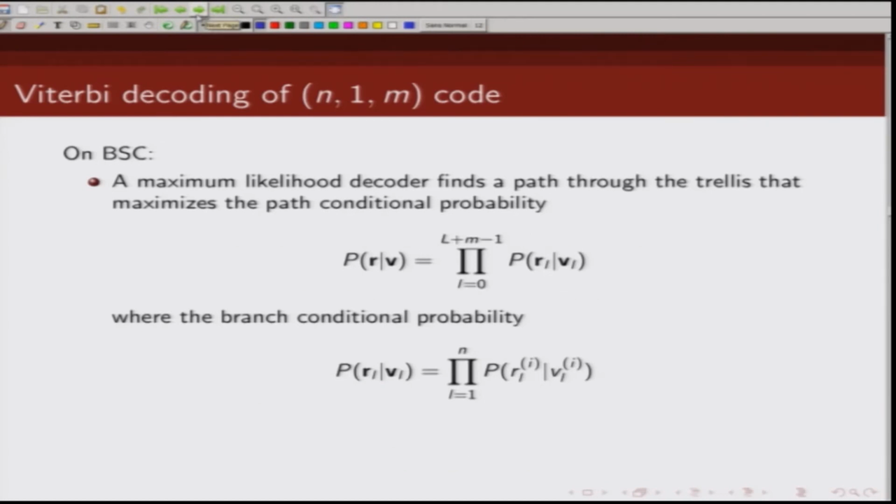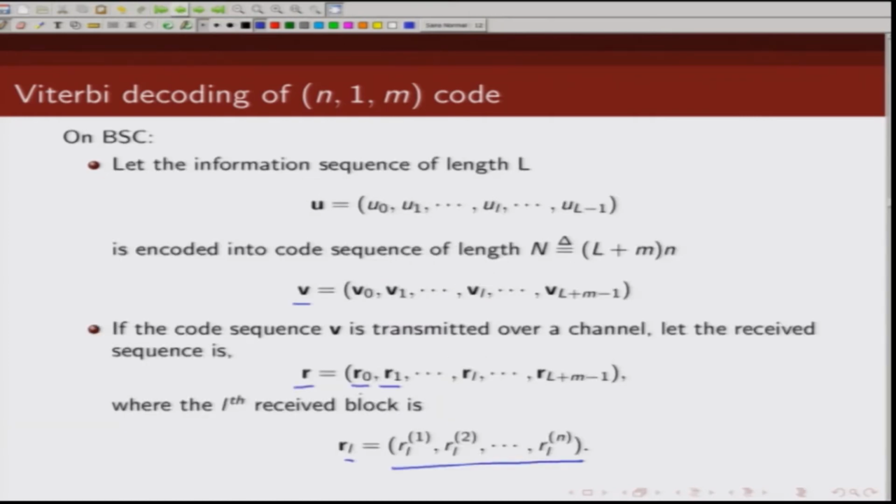Now, we know that a maximum likelihood decoder will try to maximize the likelihood function. So, a maximum likelihood decoder is going to find a path through this trellis that will maximize the path conditional probability. So, it will maximize the likelihood function. Now, we can define the probability of R given V. Now, what is this R? R consists of these L plus m elements, and each of these Ri's is further an n bit vector.